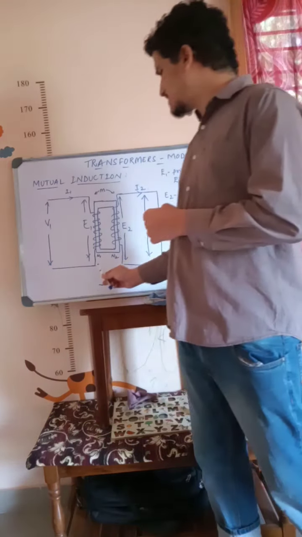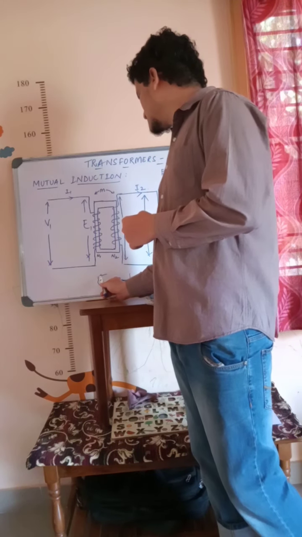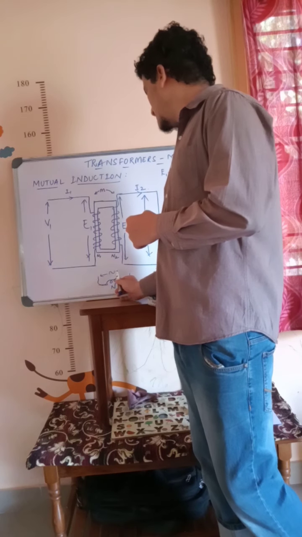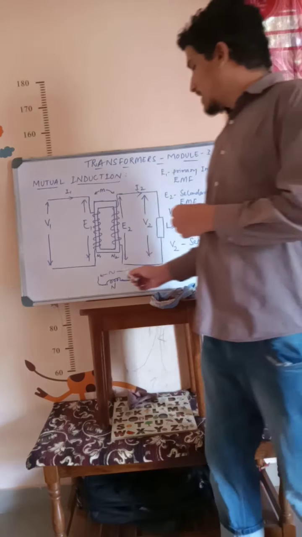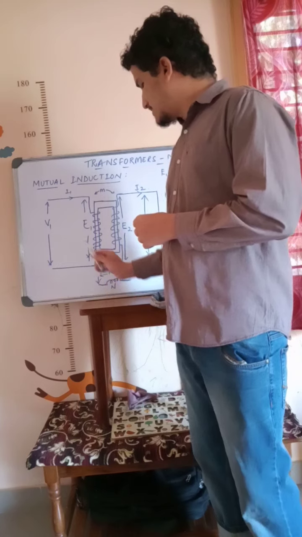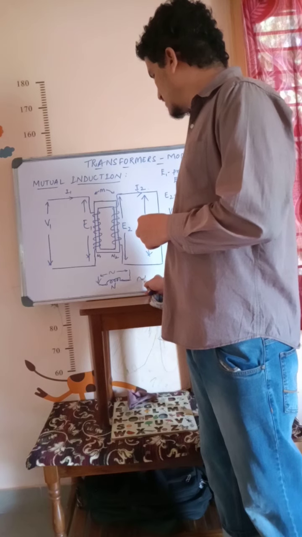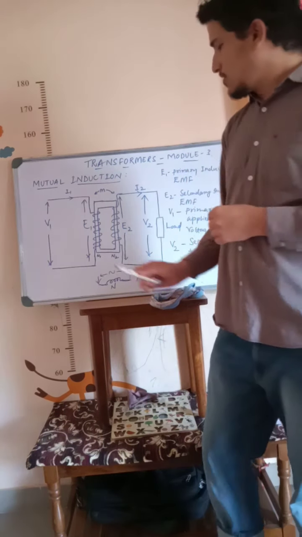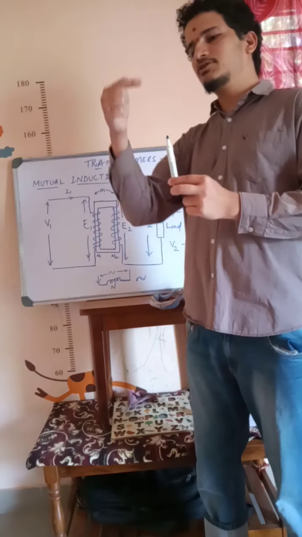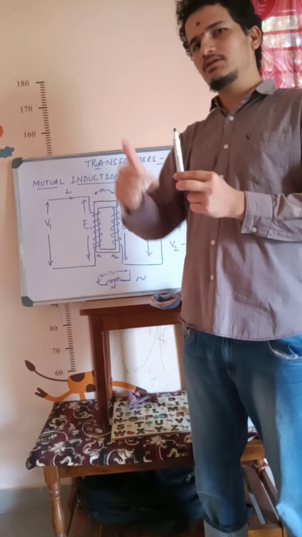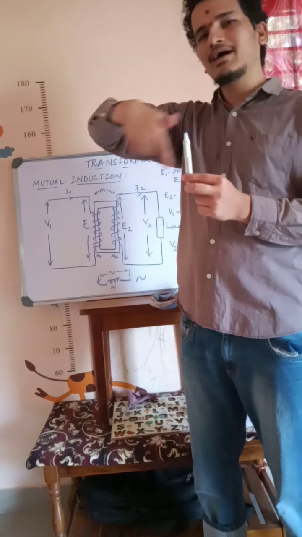Faraday's first law: if you give an alternating, say sinusoidal, voltage to this coil, a current will flow through it. This current is also sinusoidal. Due to this current, if the thumb represents the direction of the current, then the remaining fingers represent the direction of the magnetic flux.